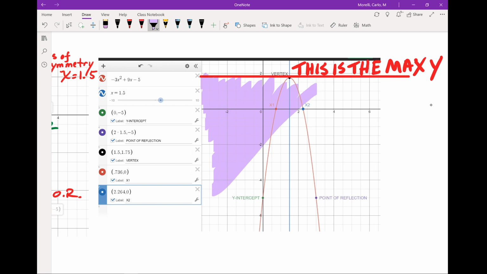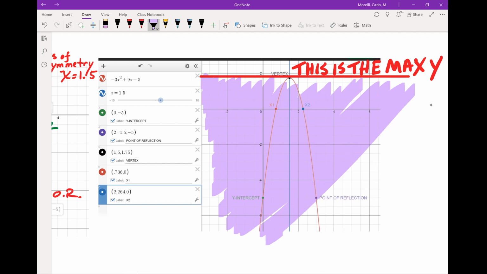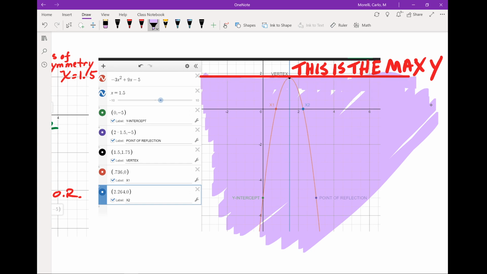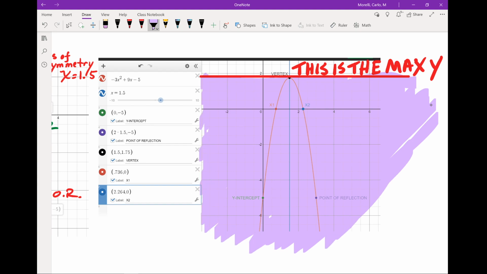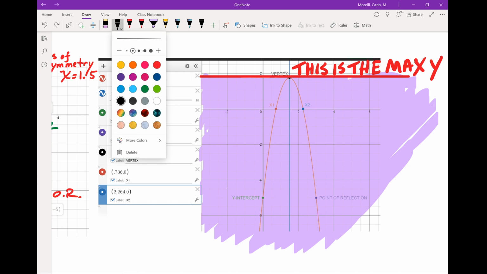Not to mention, the range can be any number less than or equal to this maximum value. It can't be open, but it can't go over. So if we were going to write, let's say y, I want to change the font size.